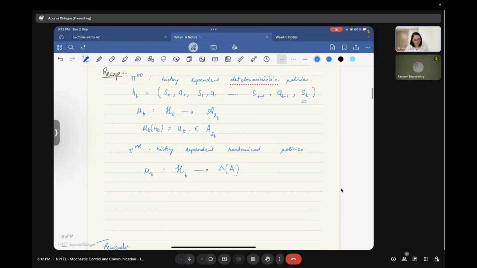This means that we'd start from ut of ht, and the resultant will be actually some probabilities. So it'll be some q that depends on the policy choice, and it leads to some action A.